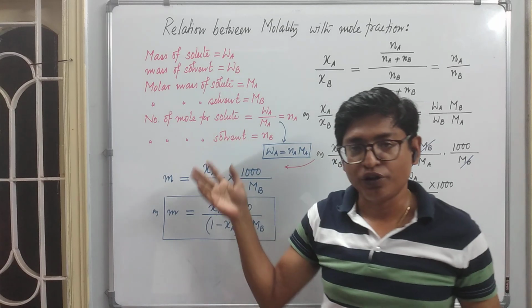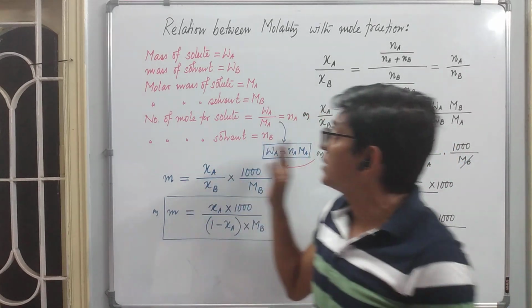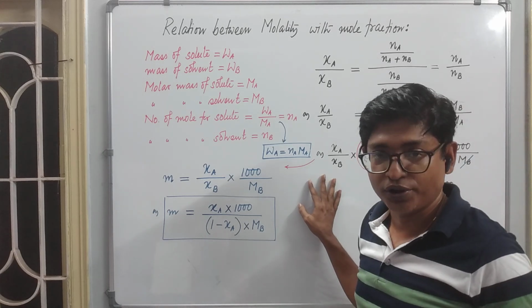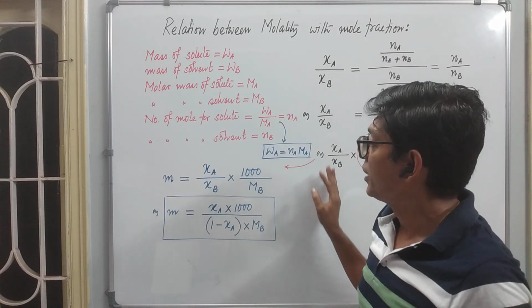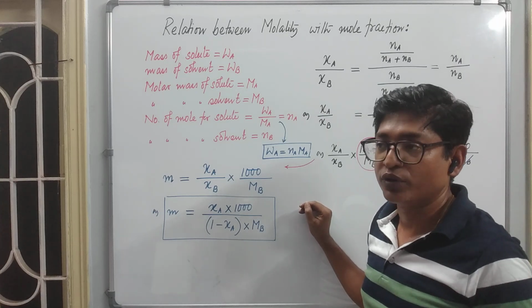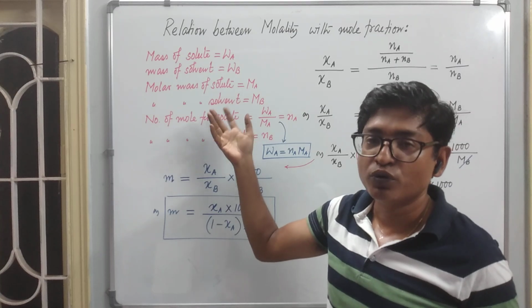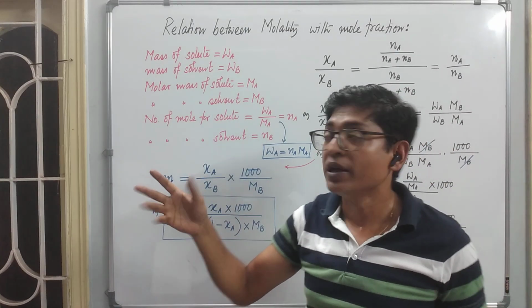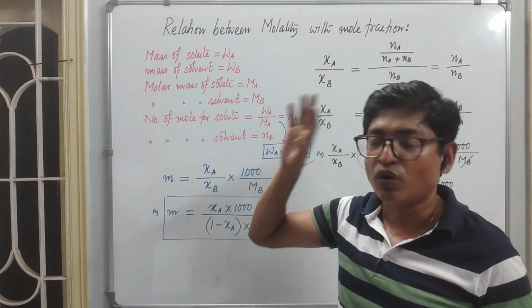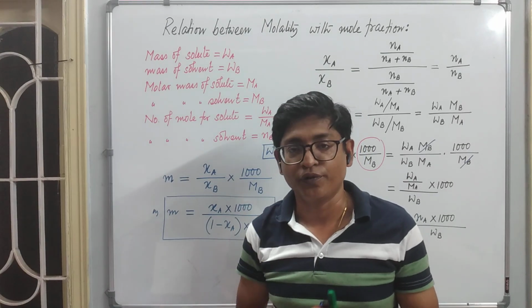And in the next video onwards, we'll solve different numerical problems associated with concentration. By that time, you can go through these videos and check how these things are coming, so that when we solve the numerical problems, it will be quite easy for you to see from where and how we are using those relations or equations to convert one concentration to another type of concentration.